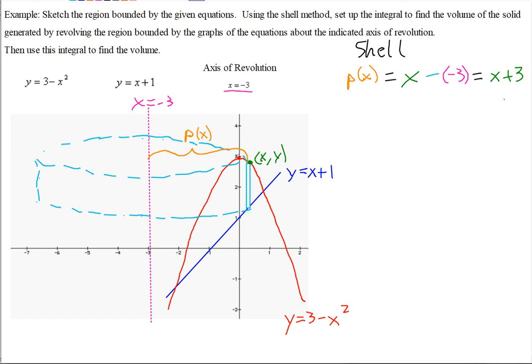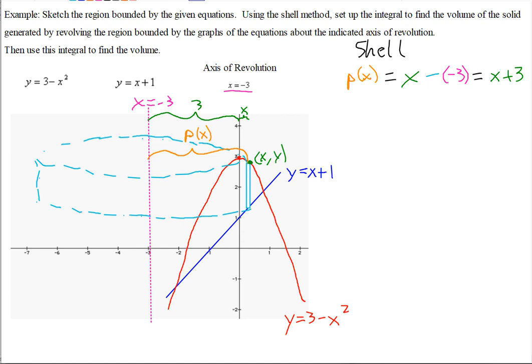Another way to see why that makes sense: you can see this little distance here from the rectangle back to the y-axis represents the x-coordinate, and this distance here is 3 from the y-axis to this line. So x minus negative 3 gives you x plus 3. That will give you your total radius.